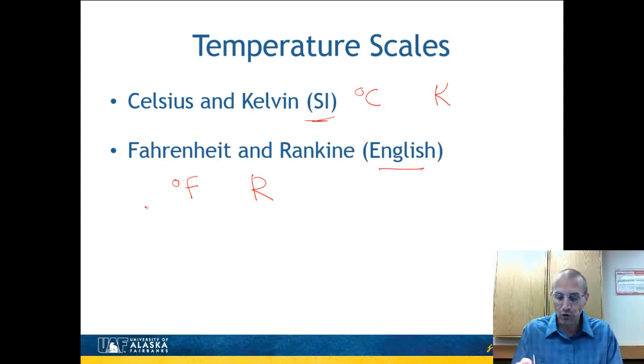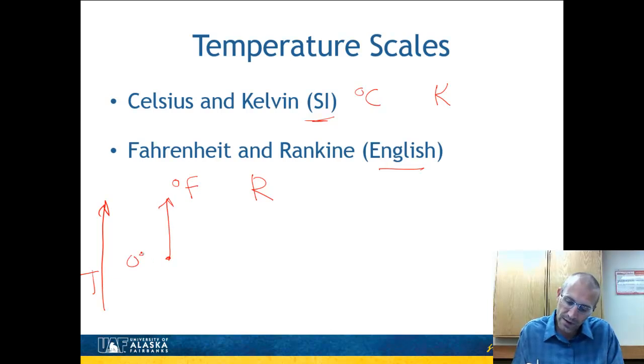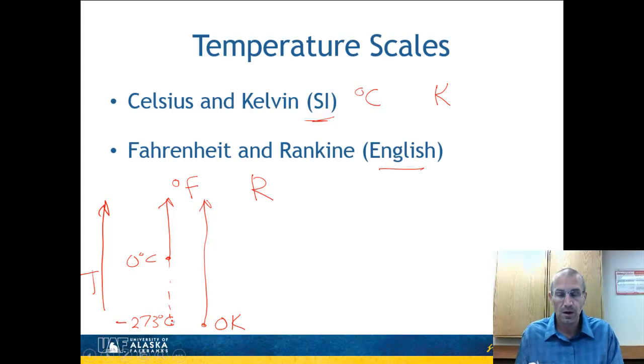If we think of drawing a vertical axis of temperature increasing as I go up, on my Celsius scale I would have 0 degrees Celsius here. Or I could be using an absolute scale, where I would have 0 Kelvin down here, which would correspond with minus 273 degrees Celsius.